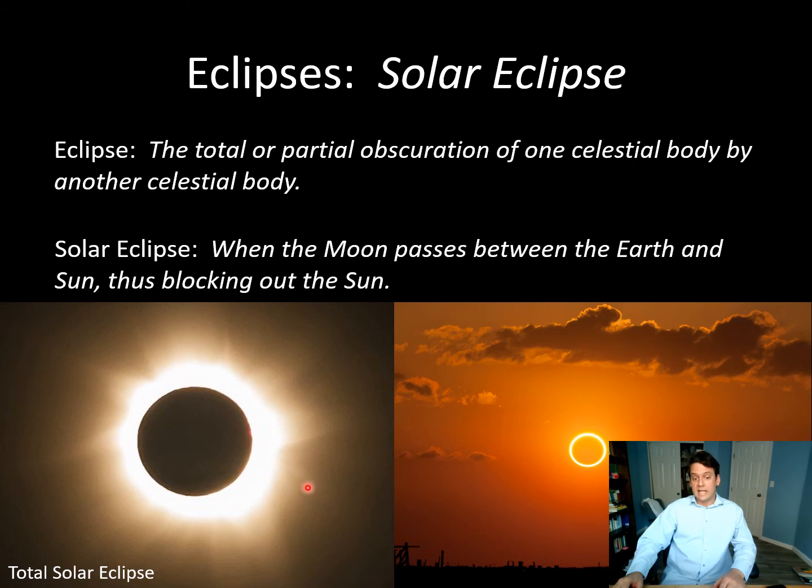You typically can't make out the sun's atmosphere with the naked eye, because while it looks bright here, it's certainly much less bright than the sun itself. And then here we have one of the coolest pictures you'll ever see of an annular eclipse. That's pretty phenomenal. So if you want to pause me here and just stare at that for a little while, I will understand.